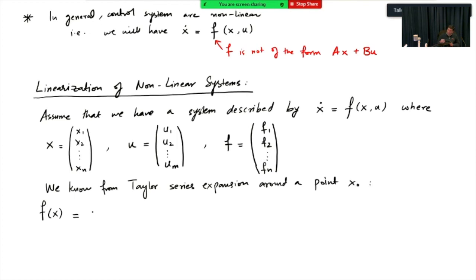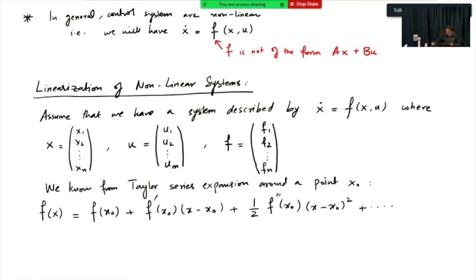If you want to approximate the function, it's going to be f at x0 plus f prime at x0 times x minus x0, plus half f double prime at x0 times x minus x0 whole squared, and so on.